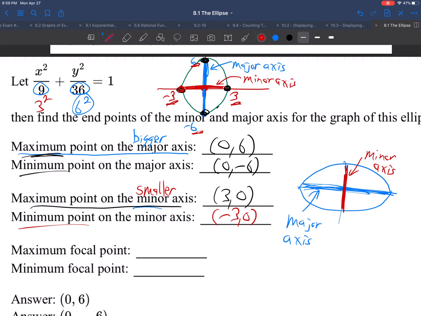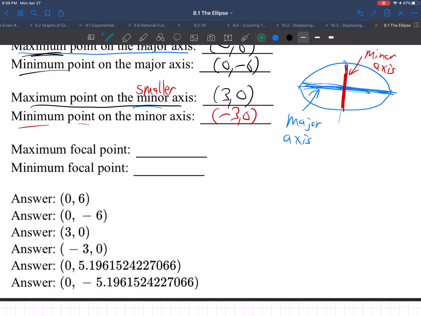Now they want us to find something else. They want us to find the focal point. Okay, now for an ellipse, the focal points always are on the major axis, the bigger direction.